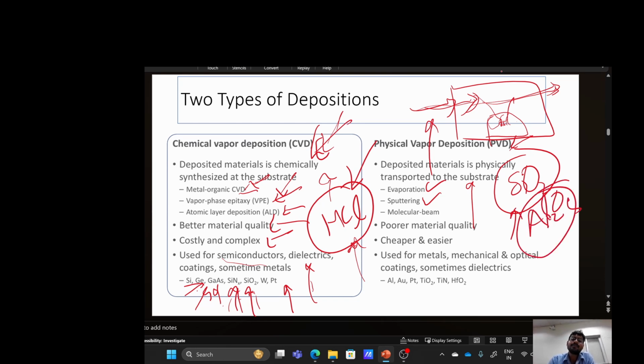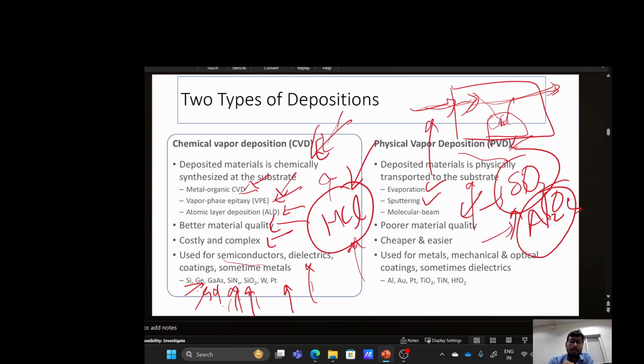These kinds of oxides and nitrides can be directly deposited over the substrate using PVD. Only one target is required, only the SiO2 target or Al2O3 target, but there will be a poor quality.